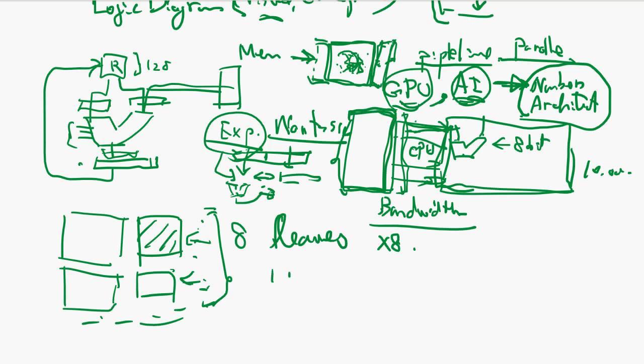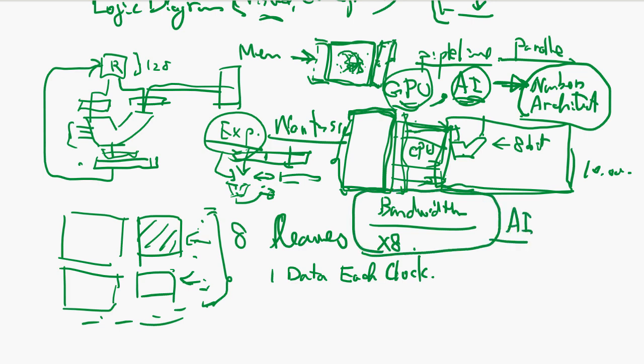One data each clock, and that's the way those AI machines increase the memory bandwidth, make leaves of the memories, because each memory access takes multiple clocks, and you want to have one data every clock.